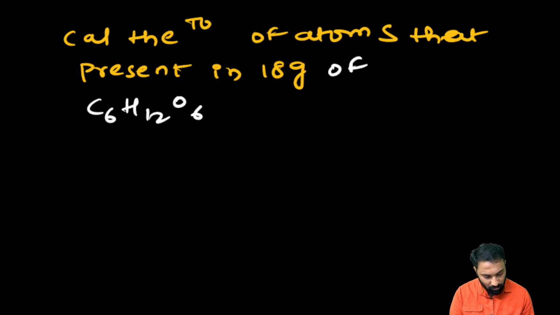Calculate the total number of atoms that are present in 18 gram of glucose. Total number means you have to take the total number of atoms.